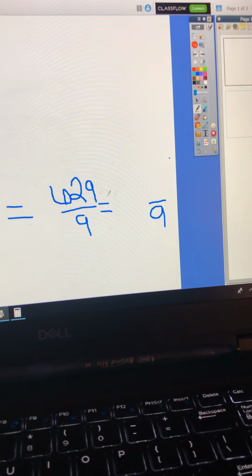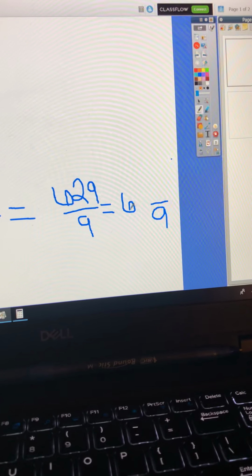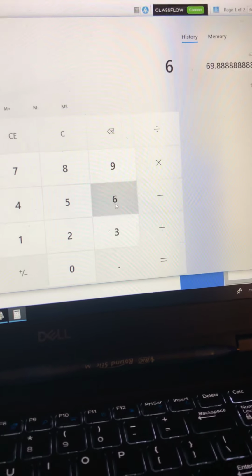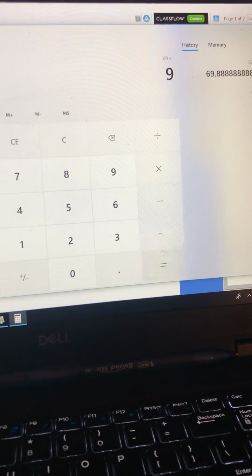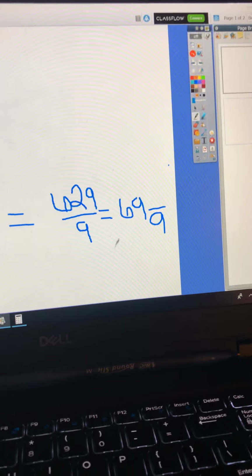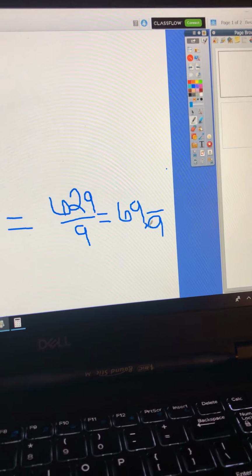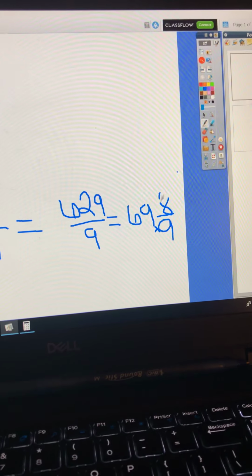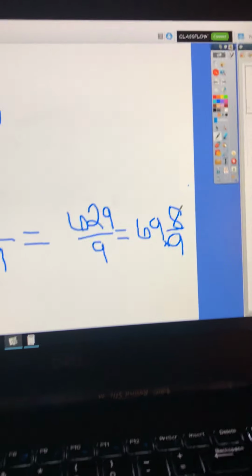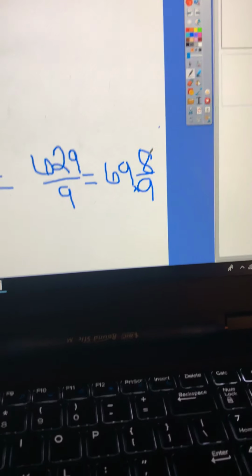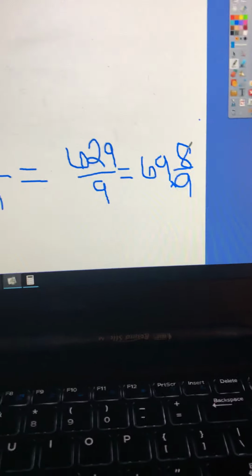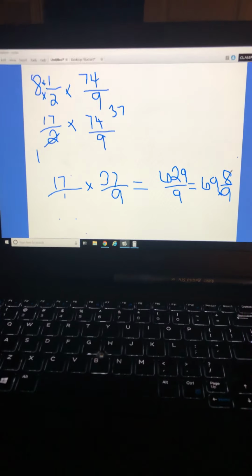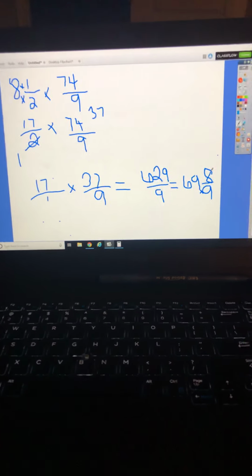So I'm going to say 69. I divided it and I got 69. So I'm going to see what 69 times 9 is. That's 621. And I need to get to 629, so I will add 8. So therefore my answer is 69 8/9. You are to do the rest of them. You've got this. Remember, show all of your work. Good luck, guys.